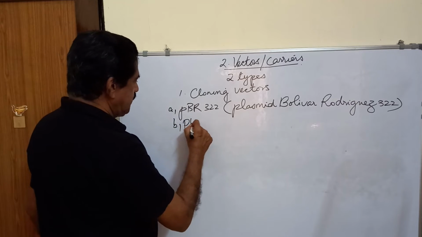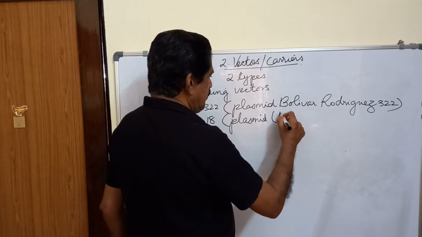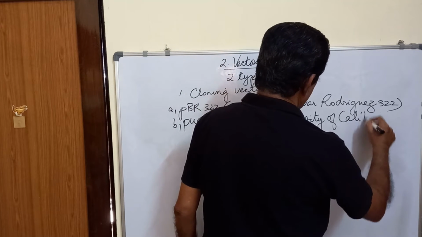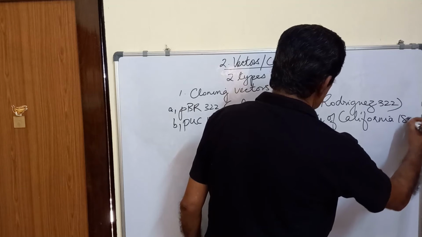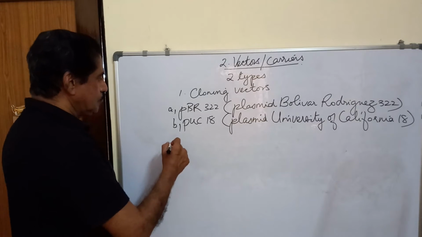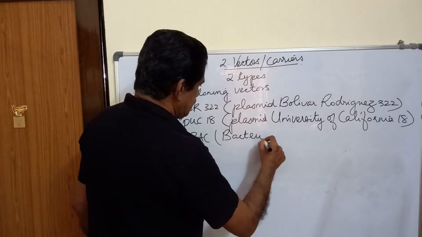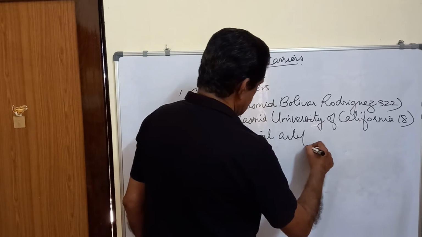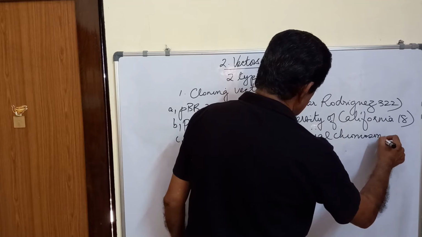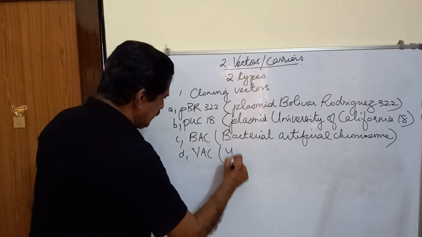Second, pUC18 plasmid, University of California. This vector was developed at the University of California. Then bacterial artificial chromosome, and YAC, yeast artificial chromosome.